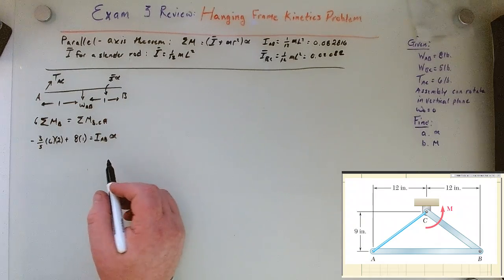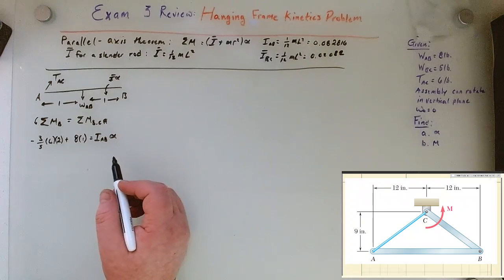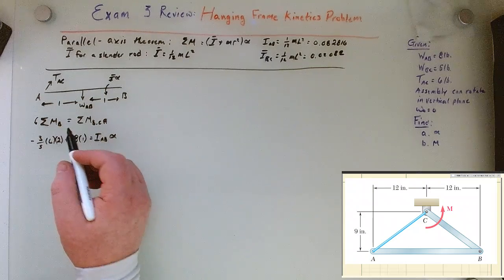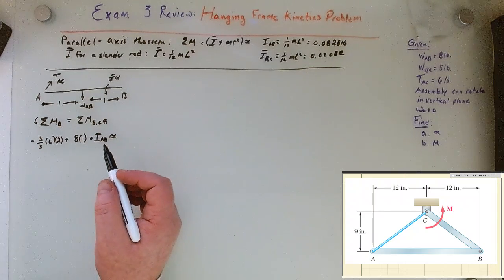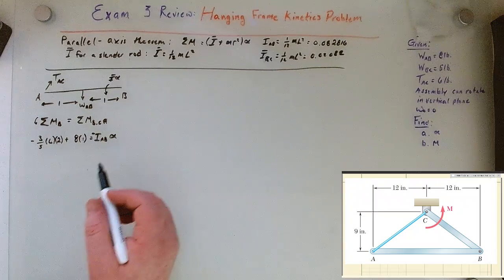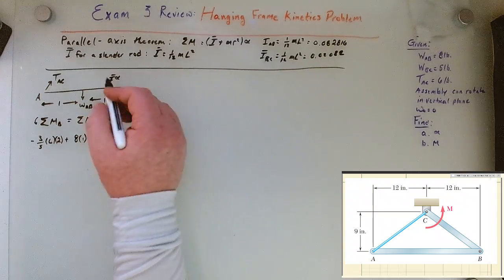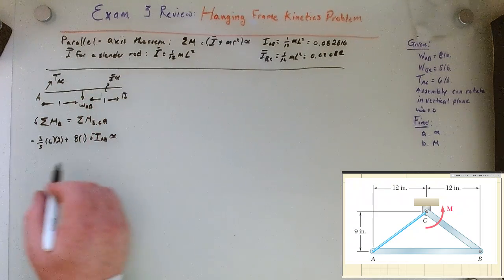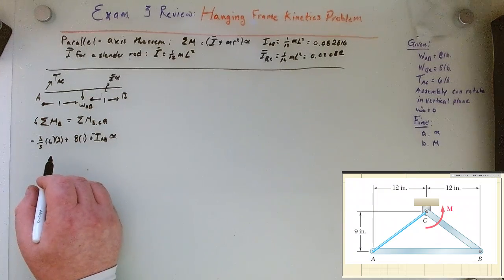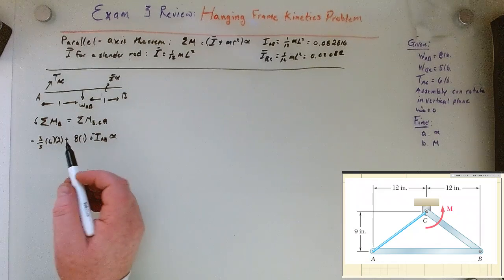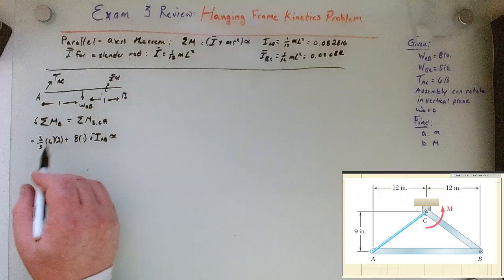times alpha. And having just done this problem, I know that alpha is facing the wrong direction. Interesting. Okay, so it's actually going to be the other way. All right, so when we solve this, we get, let's see, 3/5 of 12 is 36/5.